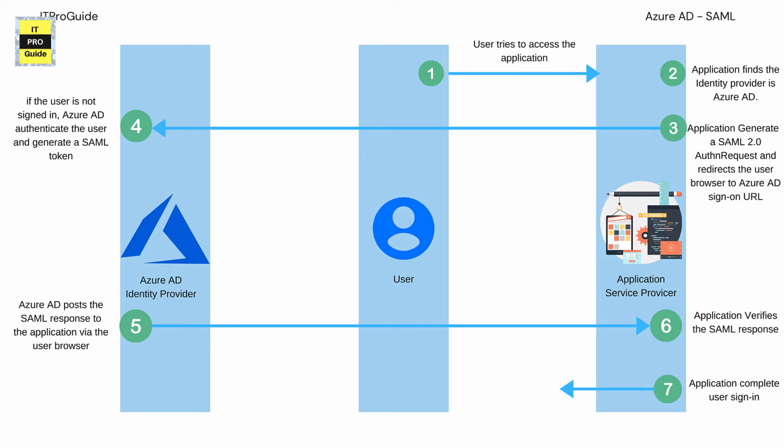So the application generates a SAML 2.0 authentication request and redirects the user's browser to the Azure AD sign-on URL. You saw this step: the moment you enter your email address and Dropbox found that it is from Azure AD, it redirected automatically to the Azure AD login page. But what you didn't see is the authentication request, and that is what I'm going to show you now.